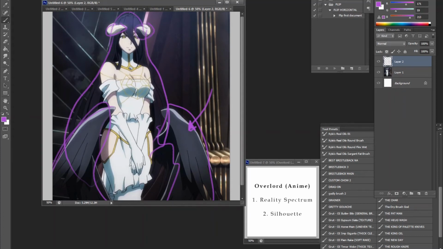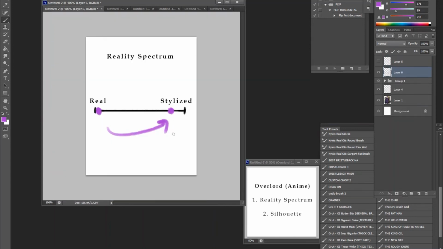Or horns, I guess you could put the horns in there too. But the fact that we don't have those features in reality will make it less jarring, because now we associate these supernatural elements as part of her body, meaning that it will start fitting in with her stylized head. So in this case, the silhouette and the design will tone down the gap in the reality spectrum, where the head is too stylized and the body is too real.